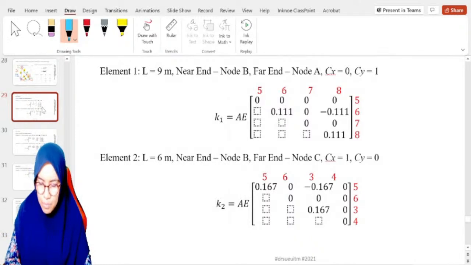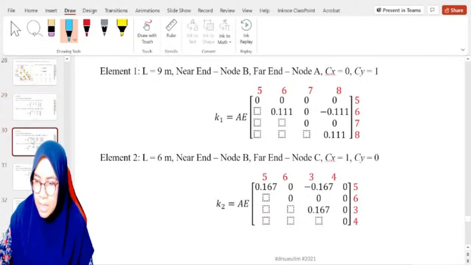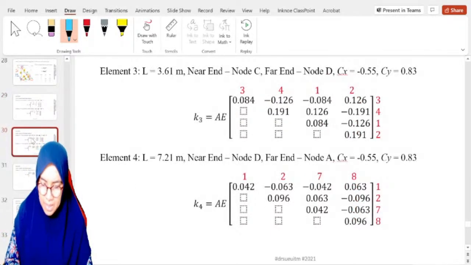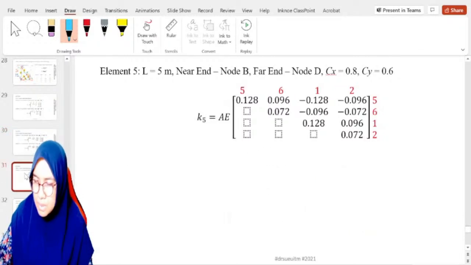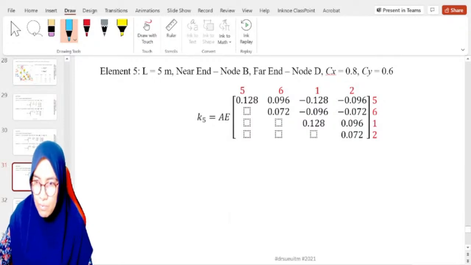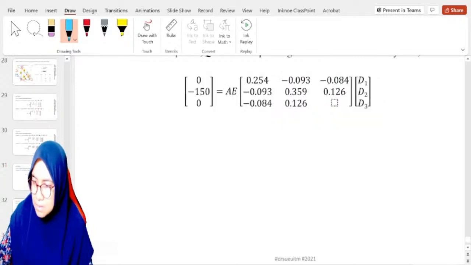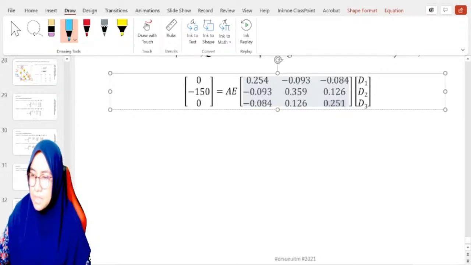We have 0.167 in K2, and after that K3, we have 0.084. Okay, only this. It is 0.251.